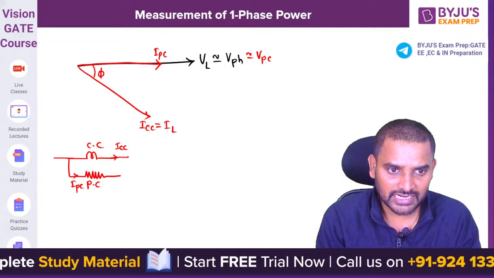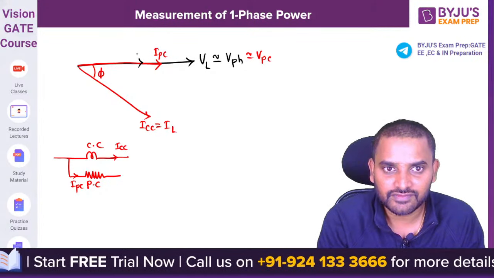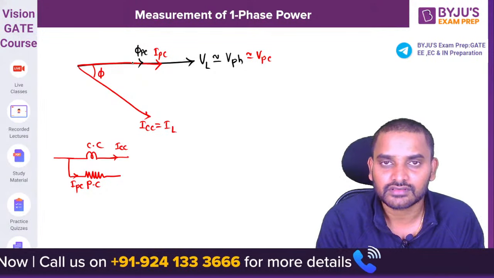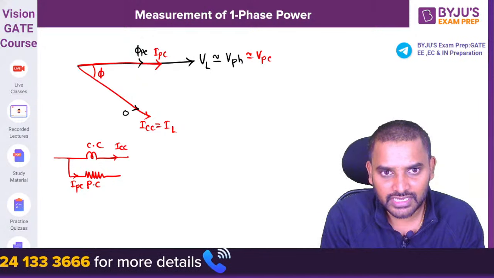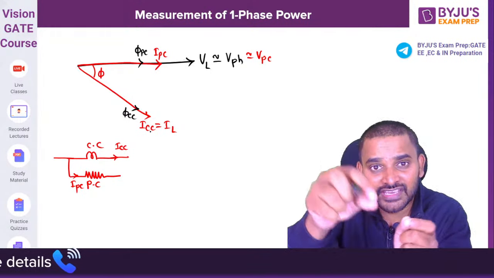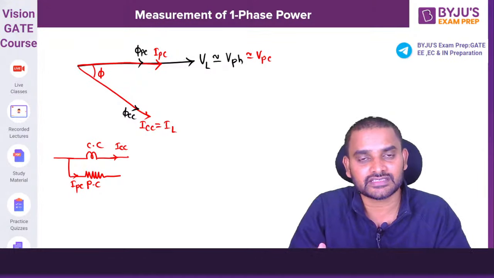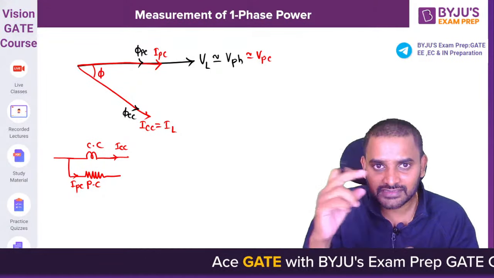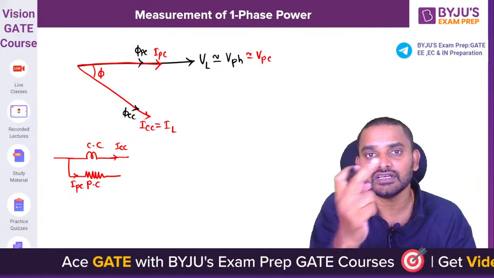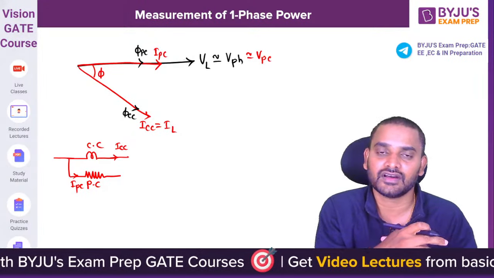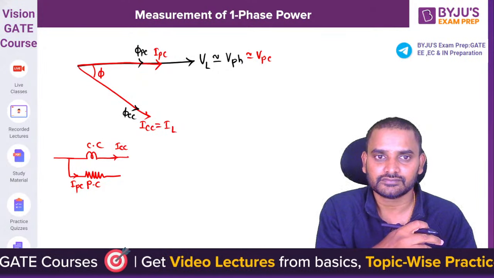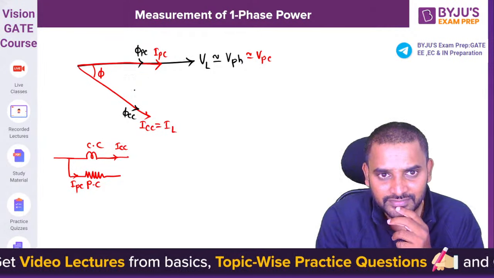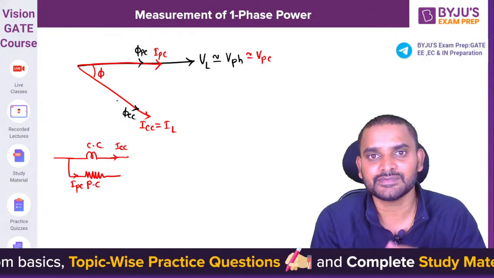Now the pressure coil current is going to create pressure coil flux lines. Current coil current is going to create current coil flux lines. Now between these two flux lines interaction takes place and therefore the torque creates, and that torque is useful to move the moving system of the EMMC meter. What is the angle between IPC and ICC? Phi, simply.